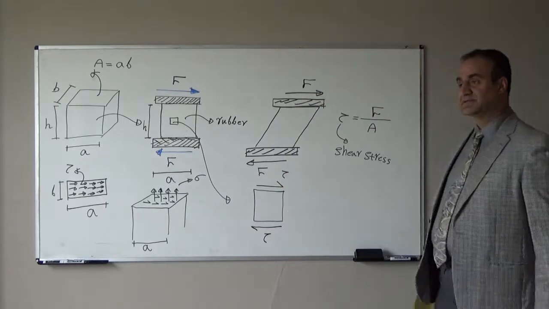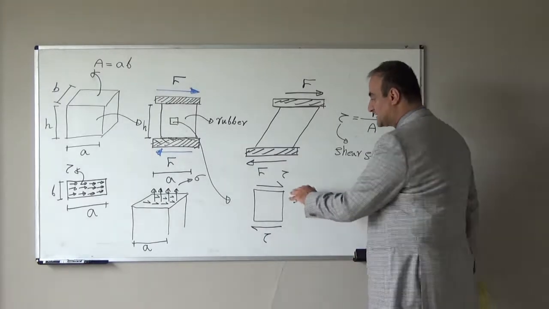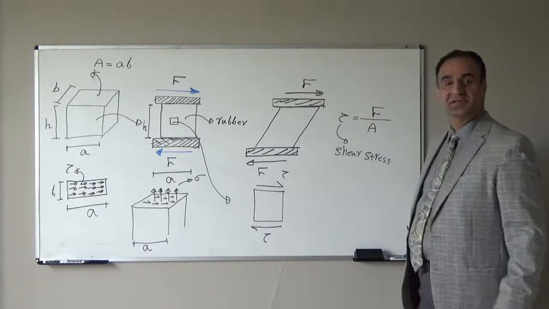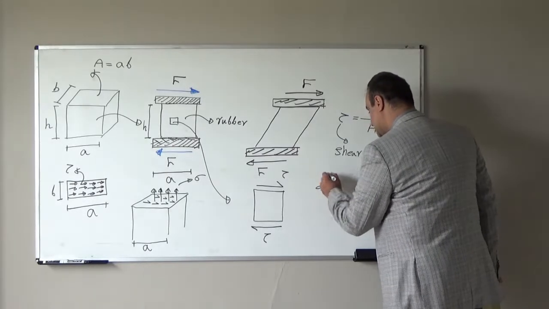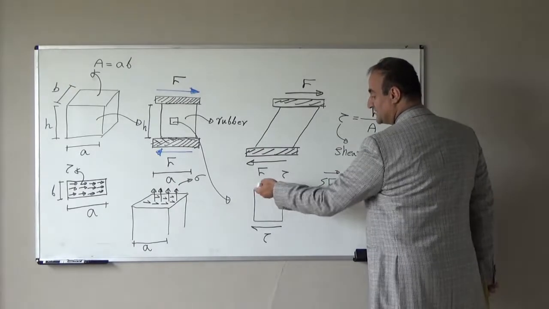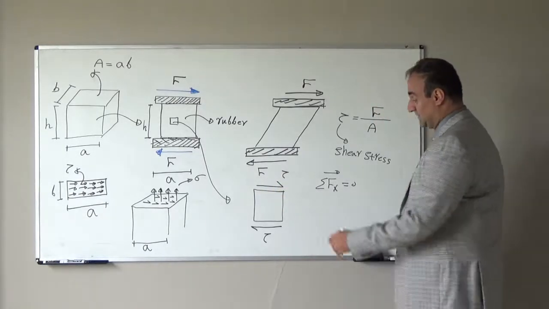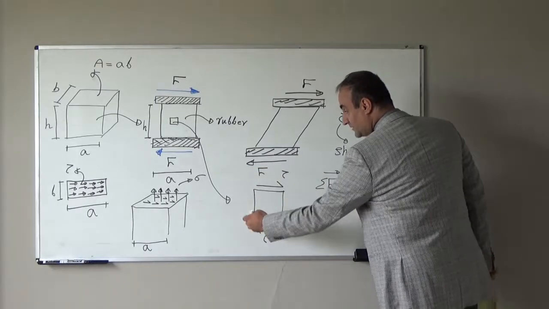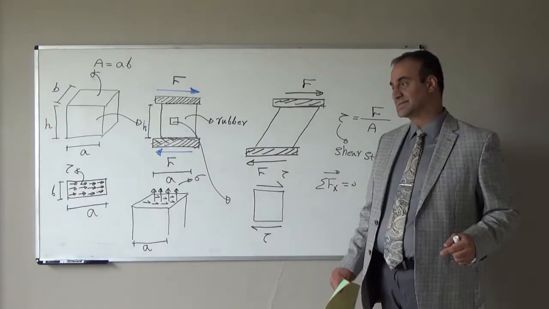If I write the summation of forces, stress times the area of this element, in the horizontal direction, they will cancel each other. So the summation of forces in the x direction equals 0. This tau acts from left to right, so we need another tau from right to left. The magnitudes should be equal and they will cancel each other.